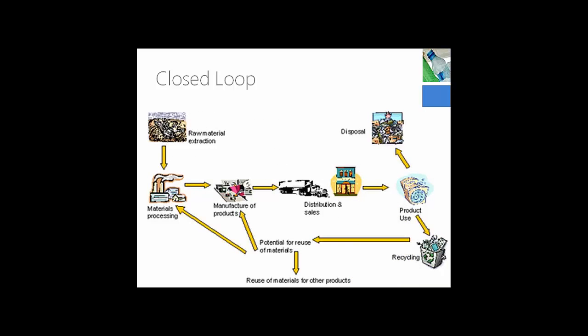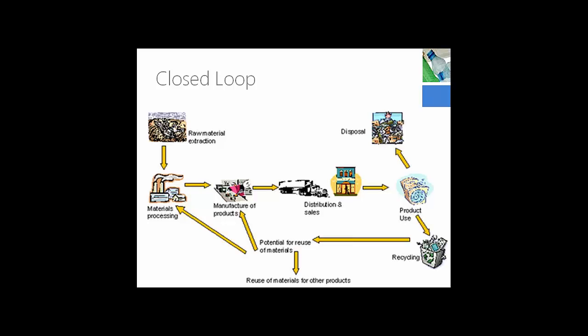It shows that the system we're used to is a linear system, and the linear system is the top parts of the graphic. If you start from the upper left, raw material extraction, that's where we basically mine for materials. Then those materials go into the material processing piece, right below it, and that's where we get the raw metal, the raw plastic, things like that.